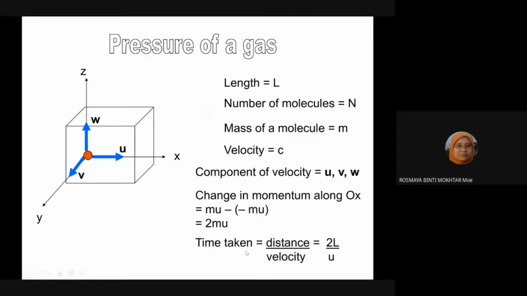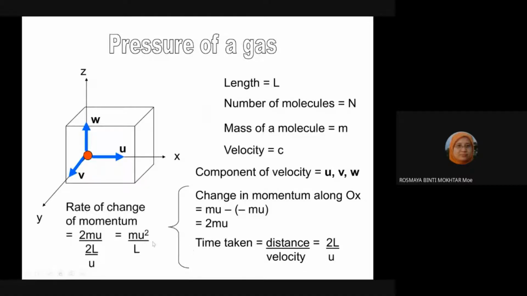Next, we relate with the force. Force is rate of change of momentum. So we substitute the change in momentum 2mu, and the time taken 2L per U, into the rate of change of momentum and simplify.